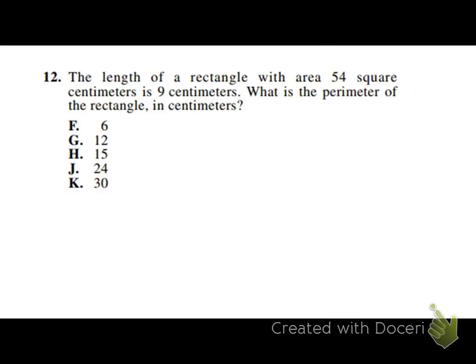It's a test-taking strategy in a way, but it says what is the perimeter. It's a level 2 problem. You've got to do 2 steps, because you have to find the width first, and then use the length and the width for the perimeter. The level 2 geometry ones are usually GT. Okay, this is a GT problem.